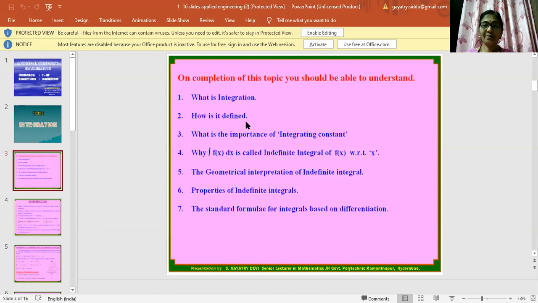So, we are going to understand all these points in this session.